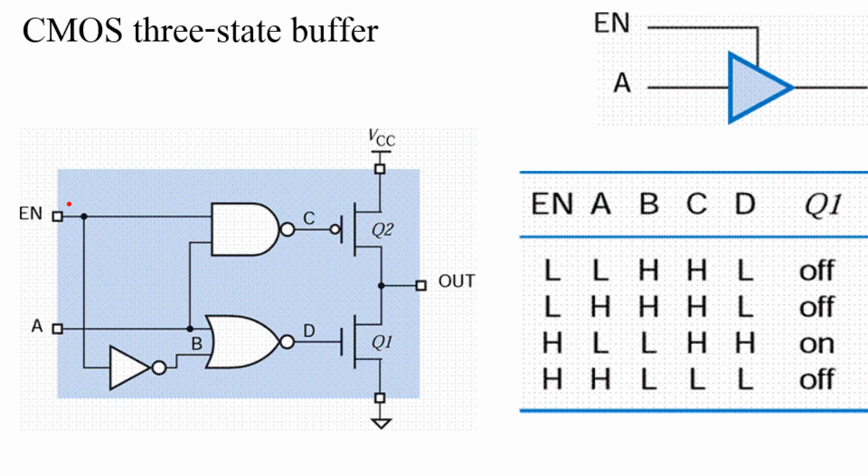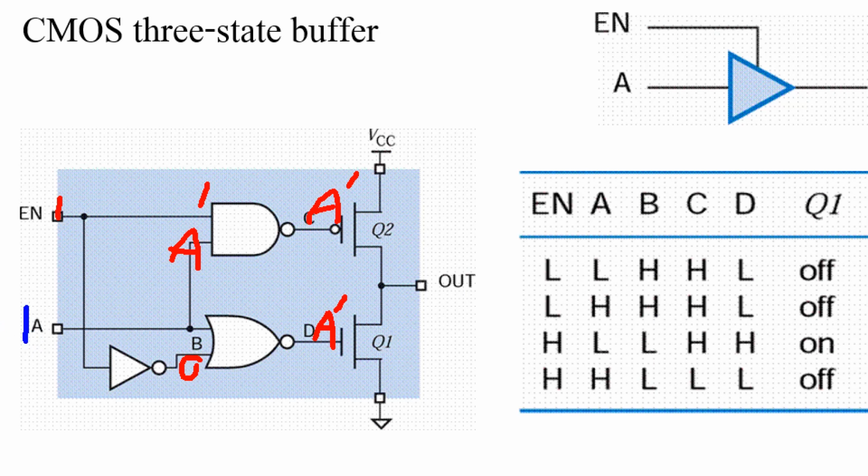But if I apply 1 here, what happens? 1, then 0 here, 1 here. This point is A invert, and this one is also A invert. So if A is 0, what happened? This point is 1, this point is 1, so this one is turned on, and the output becomes 0.